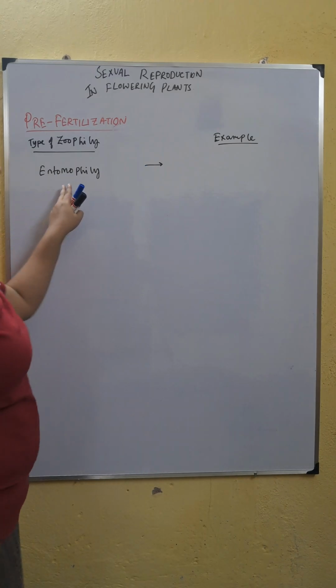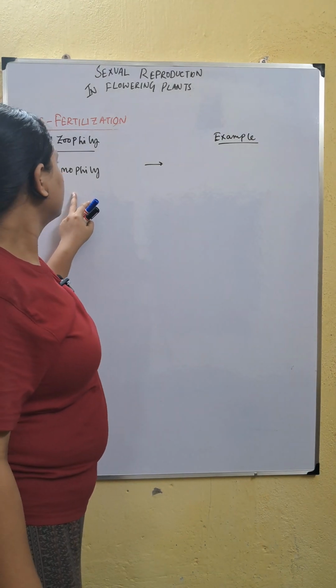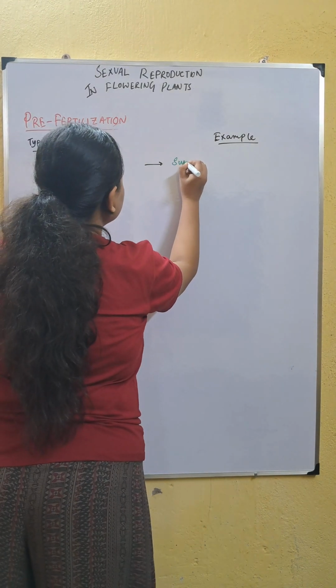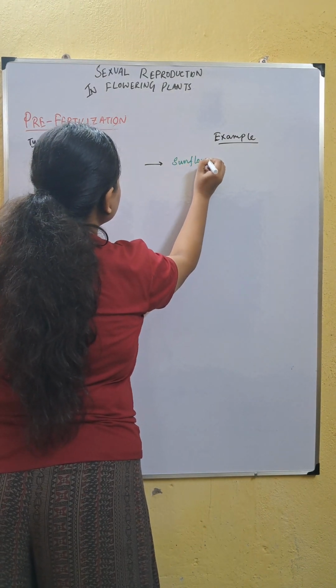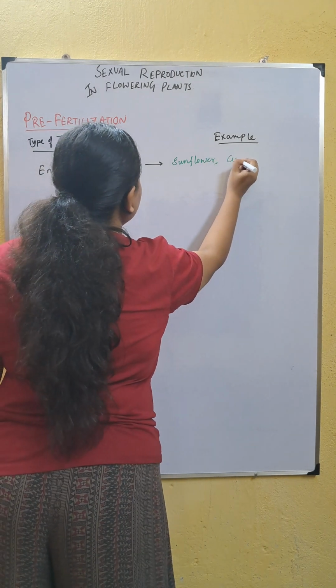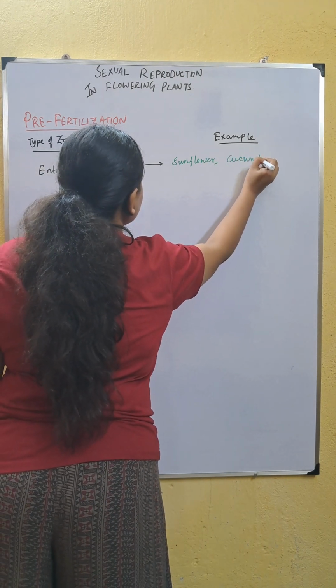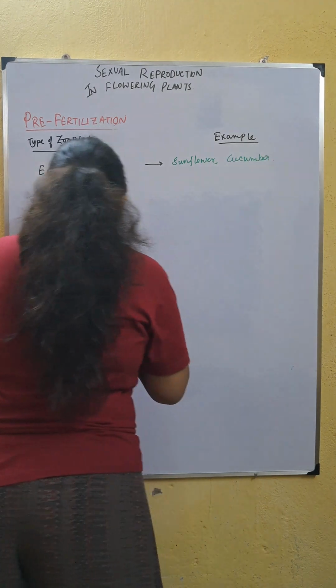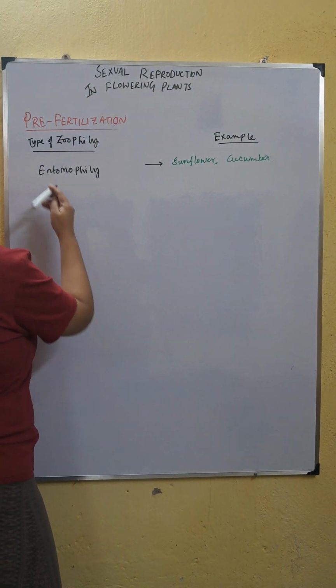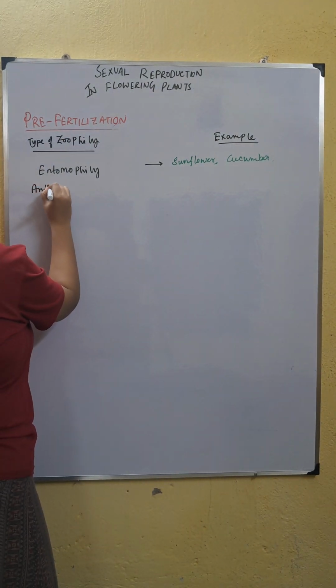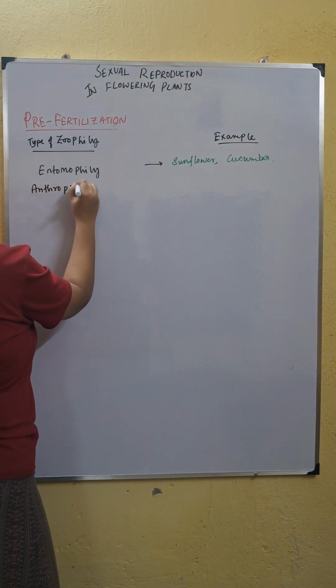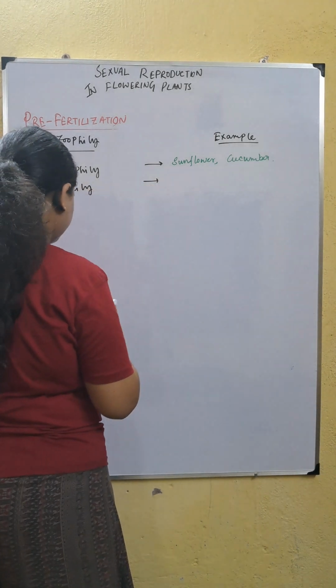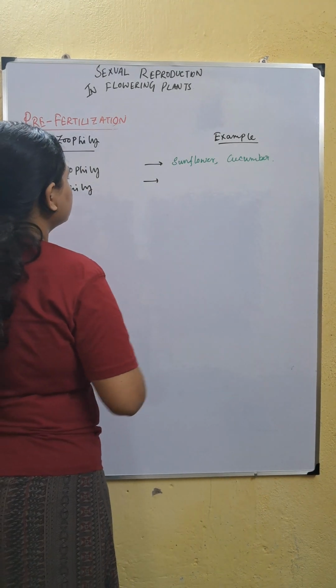Here, entomophily is seen in sunflower, cucumber. The next is anthrophily, which is pollination by humans. It is seen in coconut.